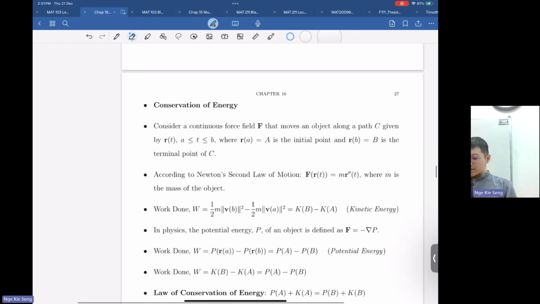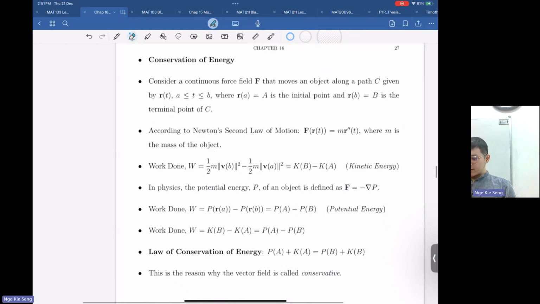Okay, so why do we call it a conservative vector field? Because it has something to do with the conservation of energy. If you compute the potential energy and kinetic energy involved in this force field, they are conserved.